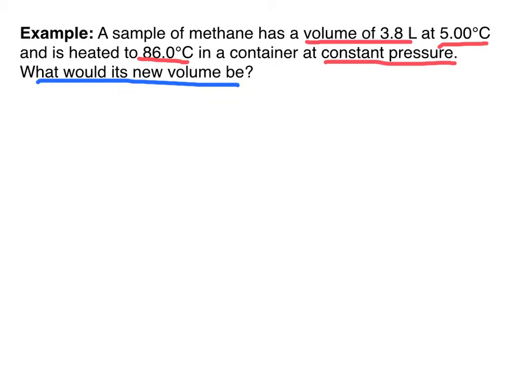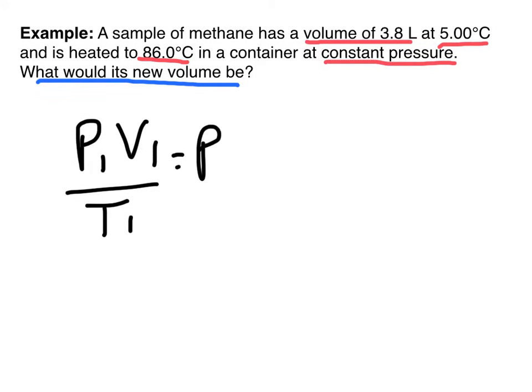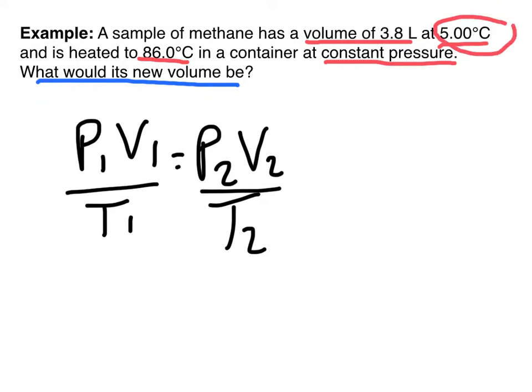Let's write out our formula first of all, though. P1 times V1 over T1 equals P2 times V2 over T2. A couple of things to point out whenever we start gas law questions. I have to have my temperature in Kelvin. So what is 5.00 degrees Celsius in Kelvin?